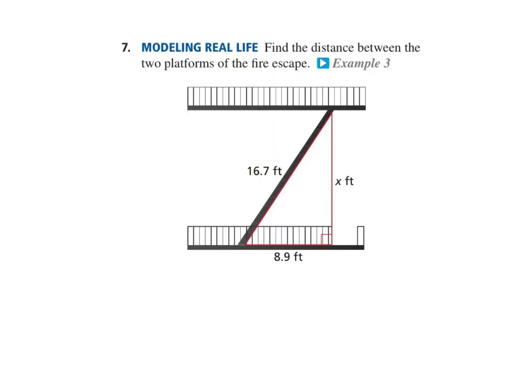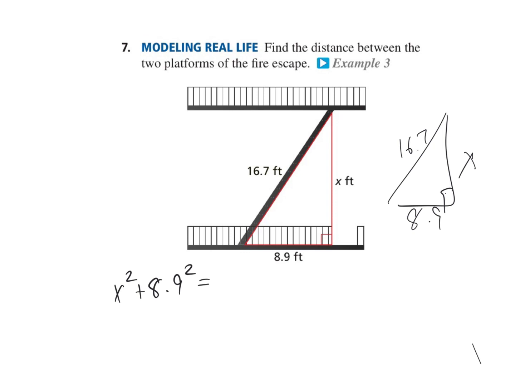Modeling real life, find the distance between the two platforms. So we want the height there. Here's your triangle. So 16.7 is your C, 8.9 is your base, and so is x. So x squared plus 8.9 squared equals 16.7 squared. So 16.7 squared is 278.89, and 8.9 squared is 79.21.